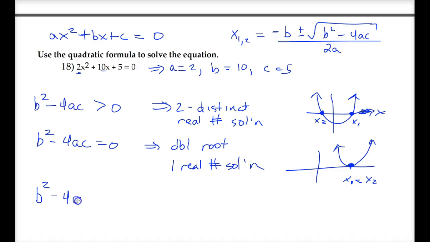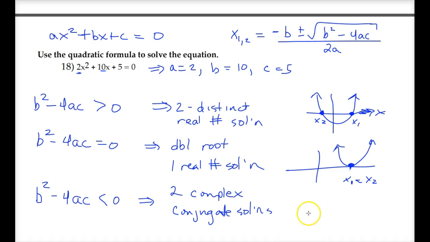In the case of b squared minus 4ac being less than 0, we would have two complex conjugate solutions. What that's communicating to us is that our equation is of a parabola that looks like this, where the parabola itself does not cross or touch the x-axis at any time.